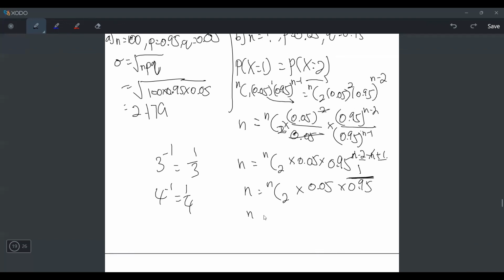So now it would be n equals to nc2, and I can press this in my calculator. Okay, press this whole thing. Just press 0.05 divide 0.95. So 1 over, oh my god, did I do something wrong again? 0.05 divide 0.95. 1 over 19.